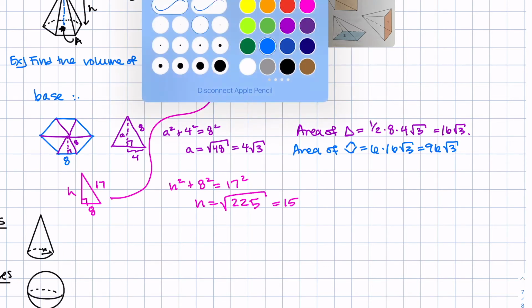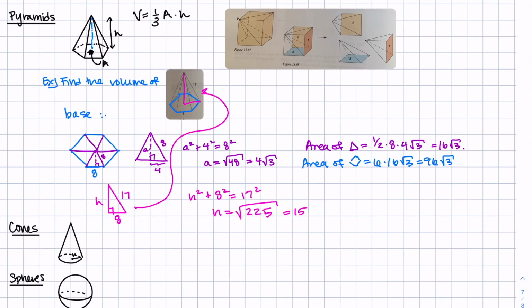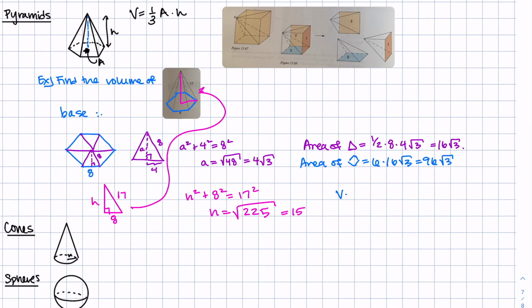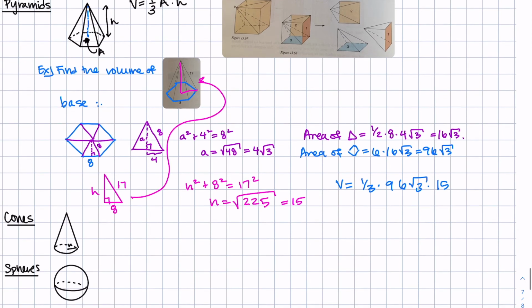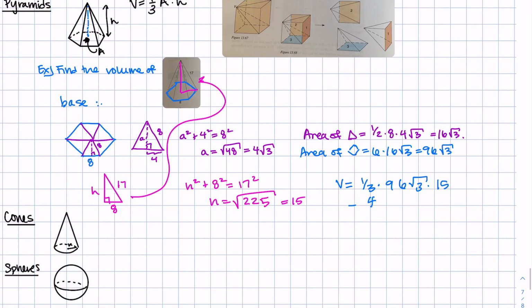So putting this all together into my volume formula, the whole volume is going to be 1/3 the area, which was 96 times the square root of 3, times the height, which was just 15. And altogether, I think this is 480 times the square root of 3.